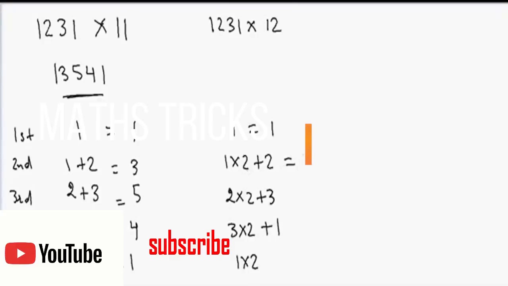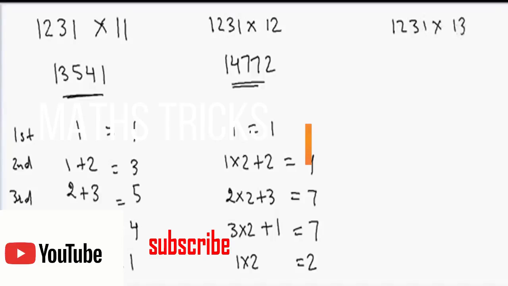So that will give me 4, this will give me 7, 7, 2. So the answer is 14772.